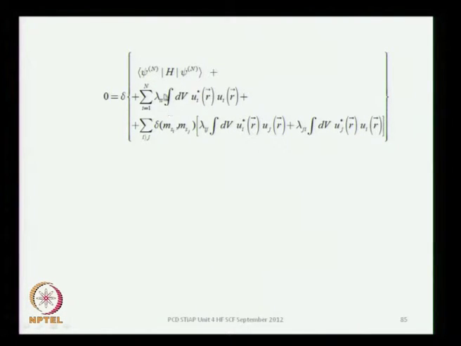Accordingly, we have these lambda I for each ith orbital. There are n of these corresponding to the normalization condition, and then there are these lambda ij and lambda ji corresponding to the orthogonality constraints.